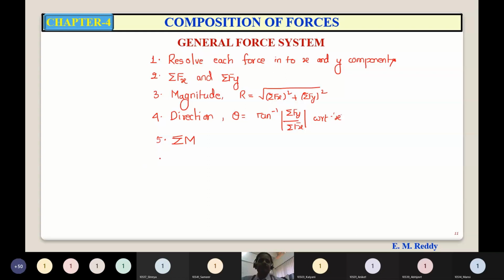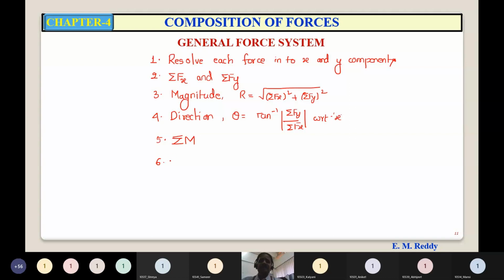Then you can find out the position of resultant either by calculating the perpendicular distance of the line of action of resultant with respect to that reference point, or by calculating the horizontal distance x or vertical distance y. So to locate the position of resultant with respect to the selected point, you can calculate any of these three distances.